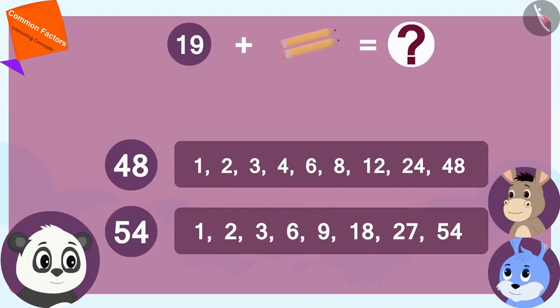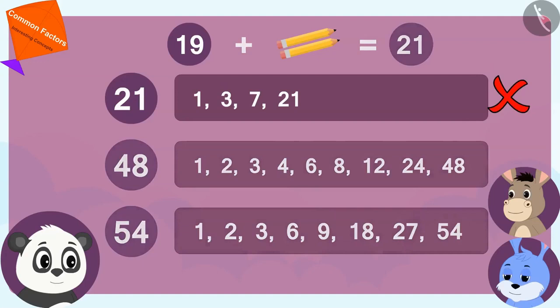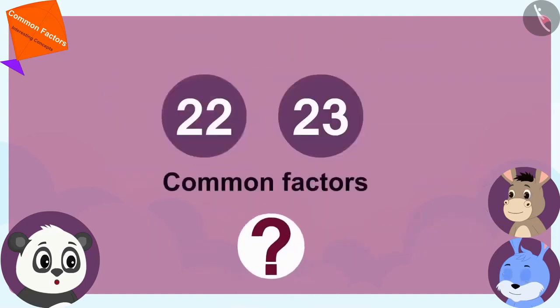If I add one more pencil, the total is 21 pencils. But now also we are not able to get 6 as a common factor. Will we get 6 as a common factor in 22 and 23? Golu asked Bunny and Bhola. No, said Bunny.